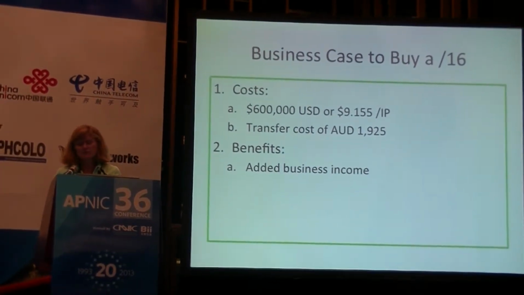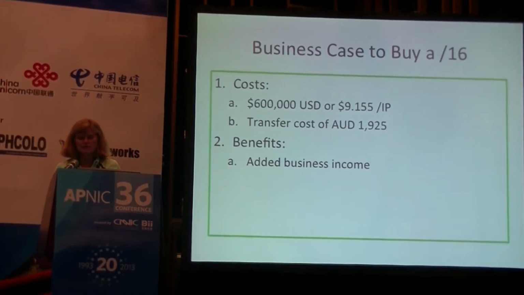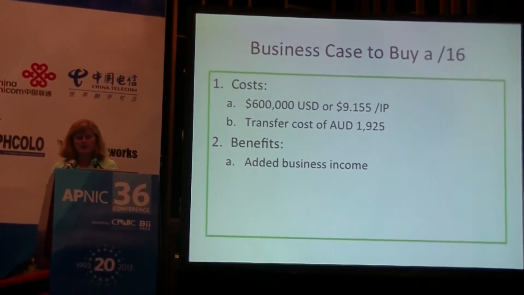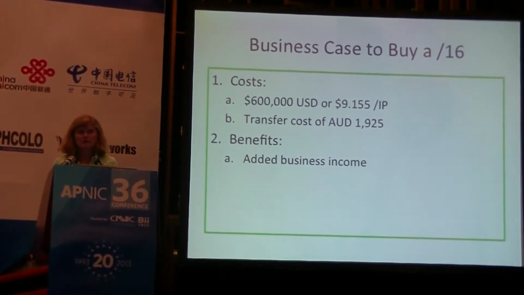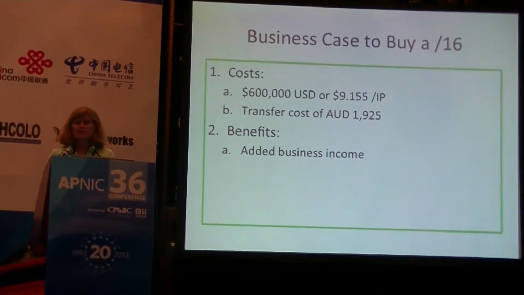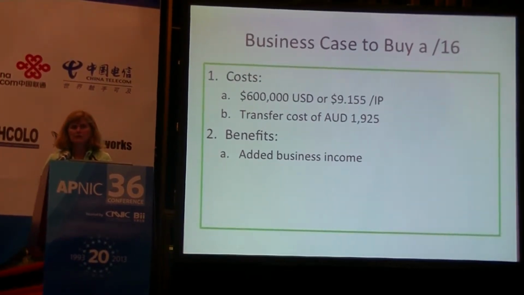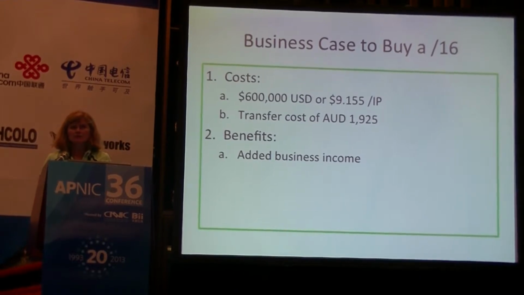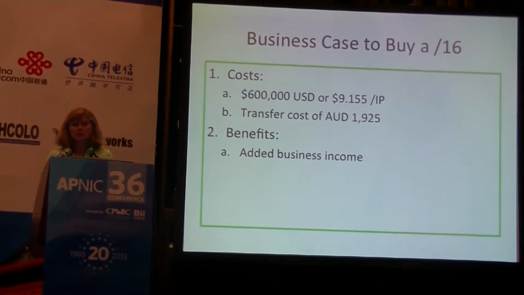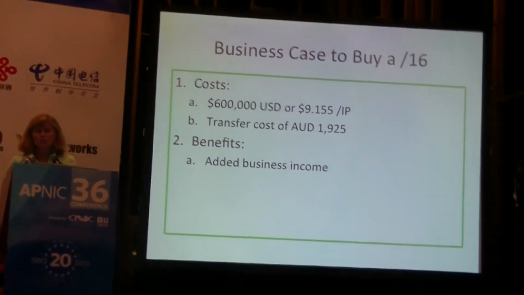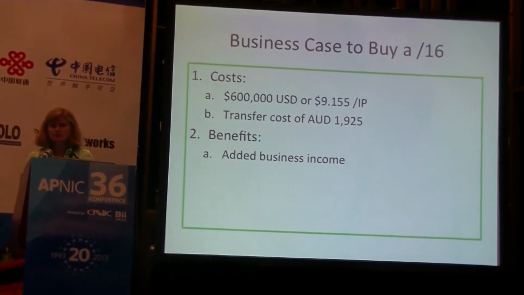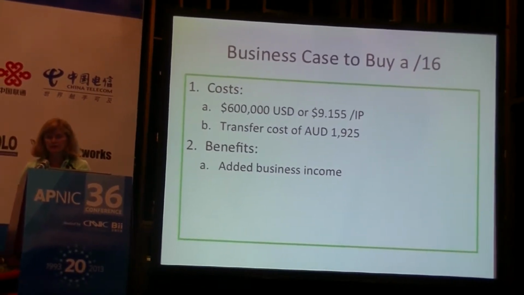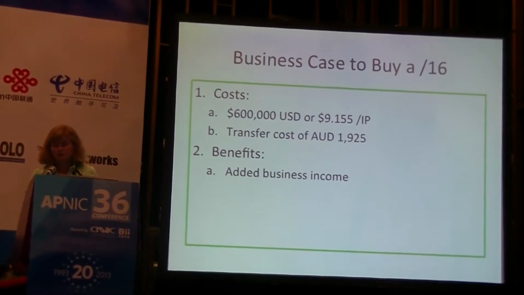So it's roughly around $600,000 US for a /16. And a lot of times people want to know what are the transfer costs. The APNIC website has a very wonderful calculator for calculating the costs of transfer, and it varies per block size transferred. So this transfer cost is for a /16, and it's $1,925 per /16 Australian dollars.